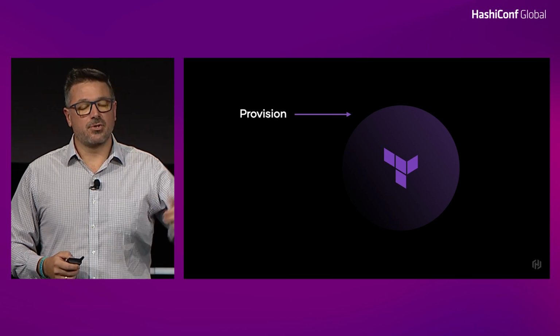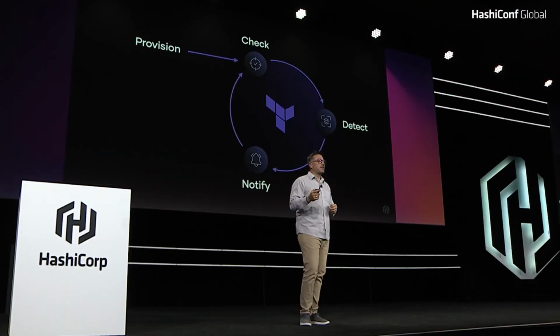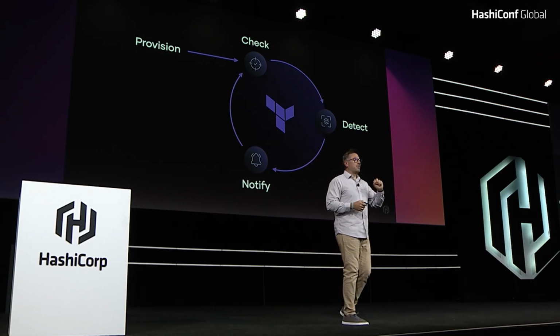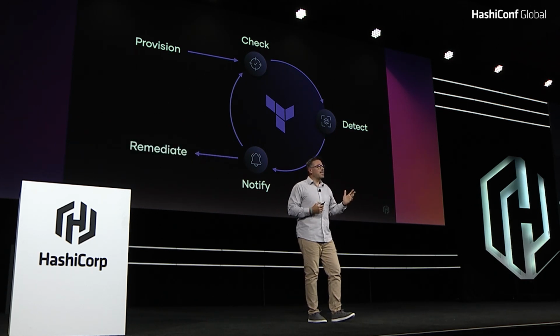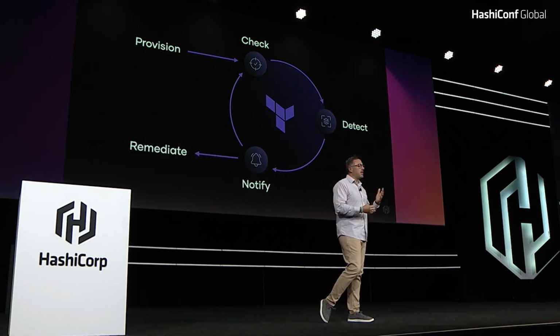We provision infrastructure, and then we're in this loop of saying, let's check, let's detect something, and then let's notify. And that notification could be a Slack message, an email, all the common notification pieces, but also, interestingly, webhooks as well. So similar to run tasks where you receive a webhook, you do some operation, and then you respond to that. Now you can actually start automating remediation as well.